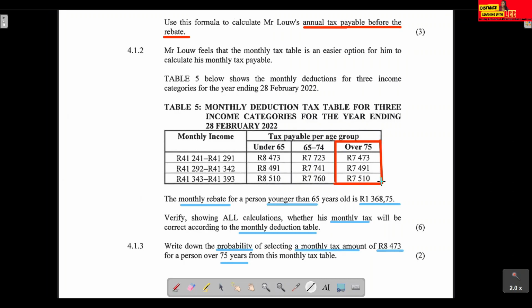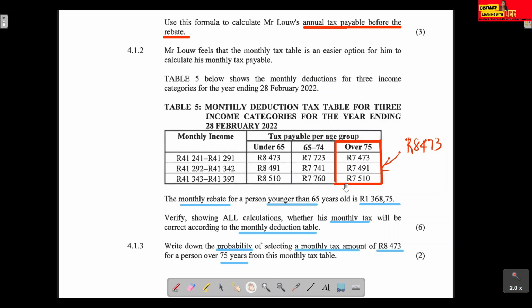And in this column, we're just dealing with these figures here: 7,473, 7,491, 7,510. What is the probability of selecting or finding a monthly income of 8,473 in this category?